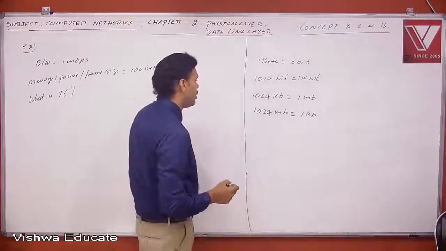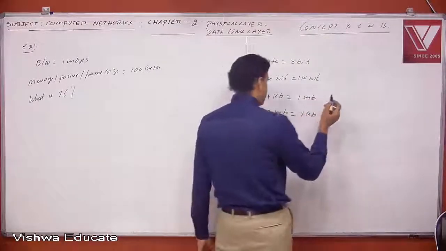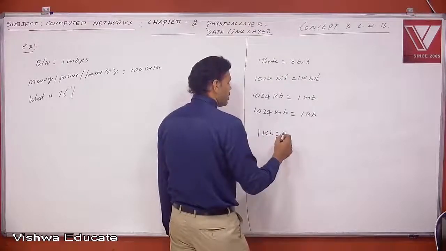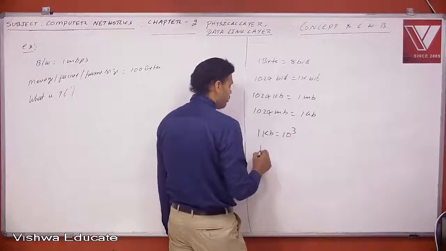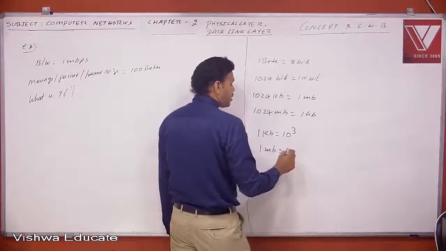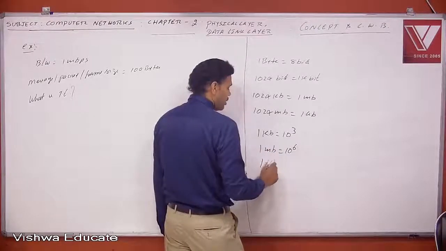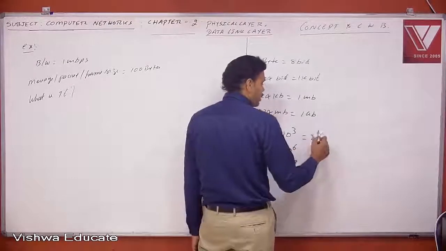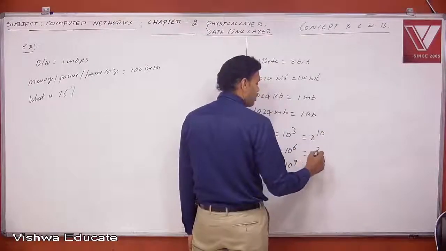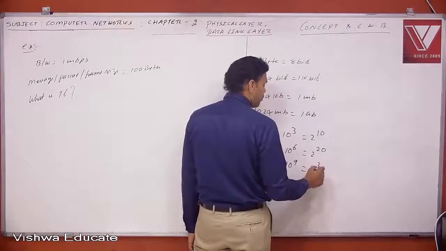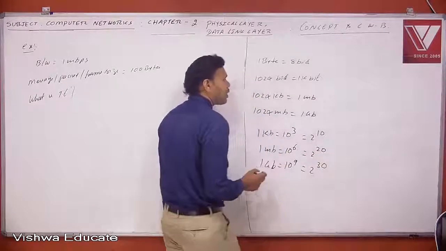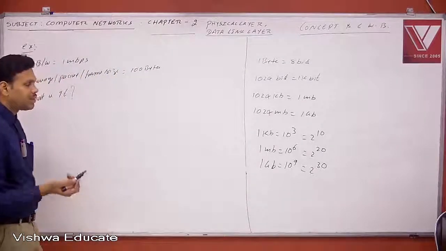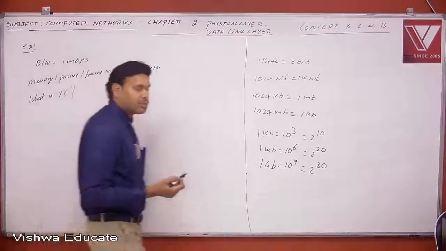Okay, friends. Now this I can write in such a way: 1 KB is 10 power 3, 1 MB is 10 power 6, 1 GB is 10 power 9. This I can also write as 2 power 10, 2 power 20, 2 power 30. If you are asked for bytes, convert to bytes. If you are asked for bits, convert to bits.